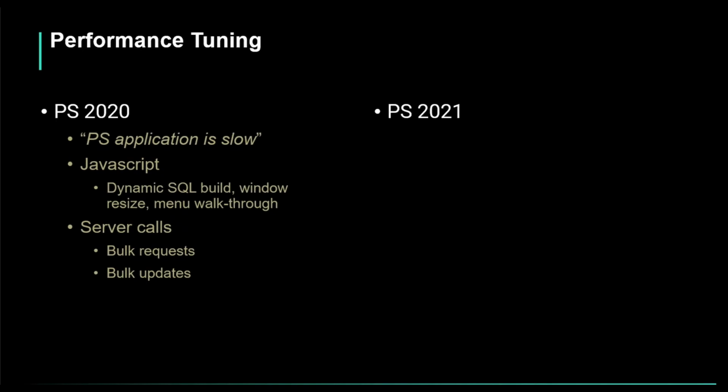PowerServer 2020 also comes with DataWindow caching support to buffer static data and speed up runtime execution, and also dynamic DataWindow SQL syntax caching, which helps to speed up performance without the need to rewrite the code, but simply working at the PowerServer 2020 configuration level.